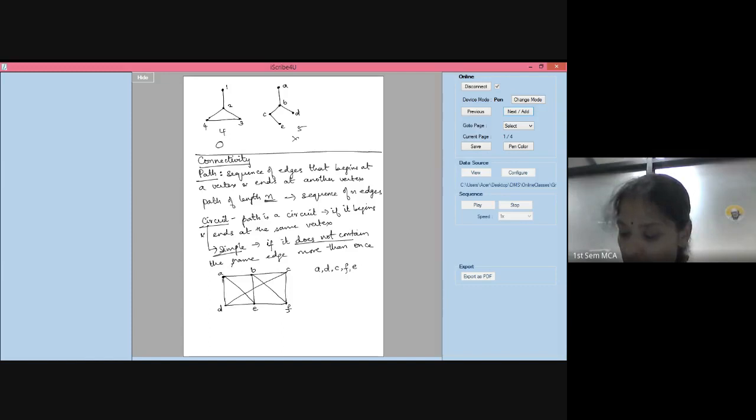This is A. I move from A to D, then I go to C, C to F, and then I come here to E. That is a path.